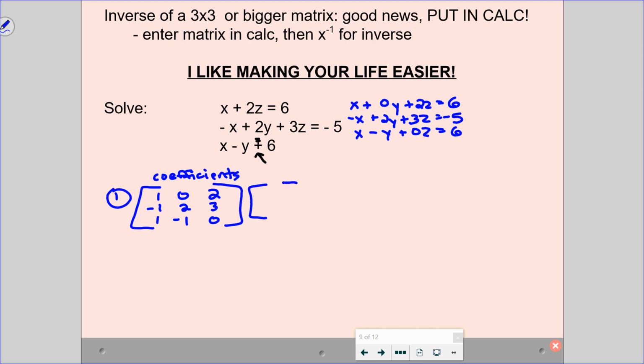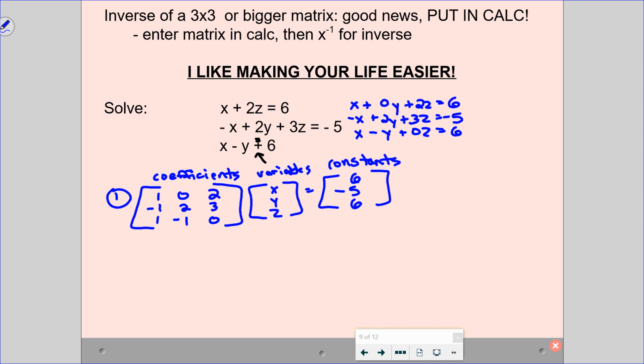Our next part may not seem like an important piece, but it's going to help us when we put some of these things into our calculator. We have our x, y, and z. These are our variables and what they're actually equal to. And at the end, we have our constants, the numbers that are after the equal sign. In this case, it's a 6, a -5, and a 6.